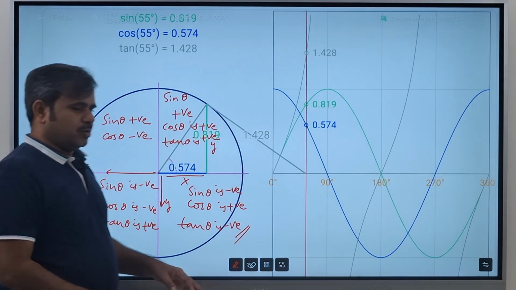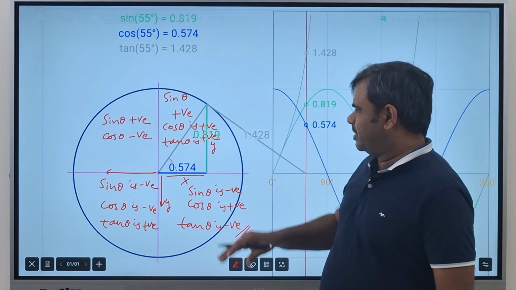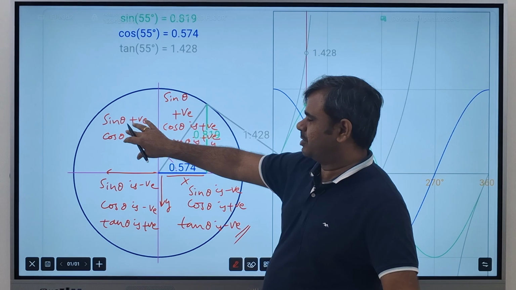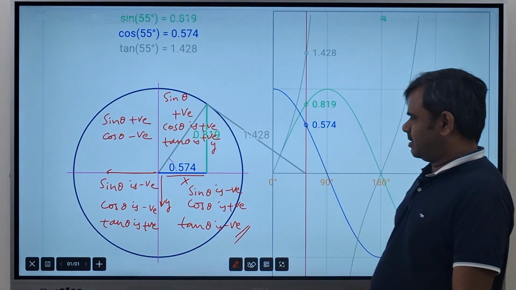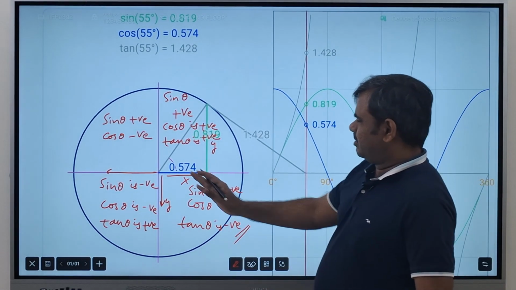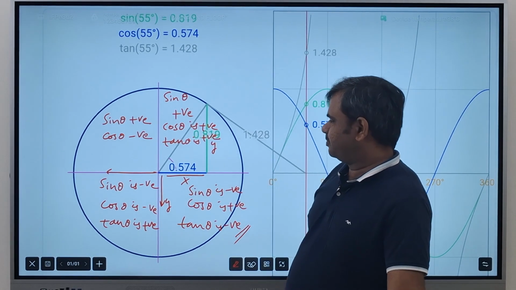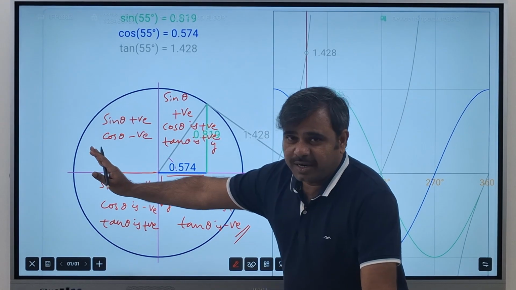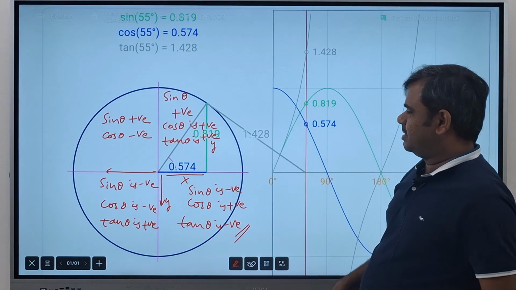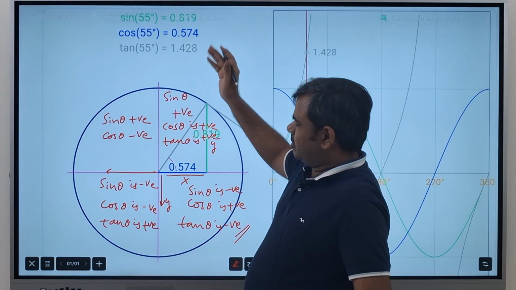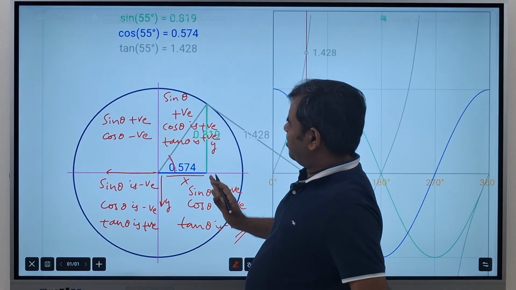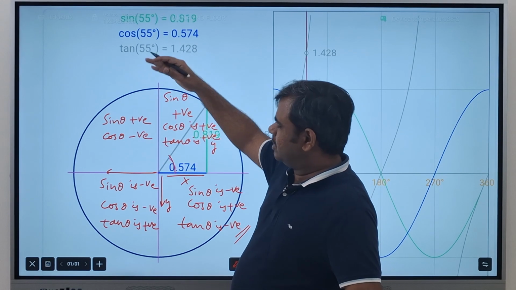You don't have to memorize which of the functions are positive, which are negative, in which quadrants. You can understand: if x is positive, adjacent side is positive, so cos theta is positive. If x is negative, adjacent side is negative, cos theta is negative. If y is positive, the opposite side of this angle is positive.